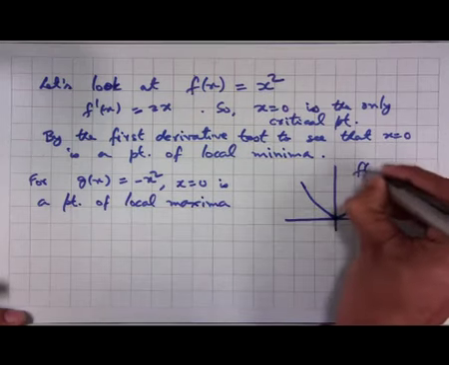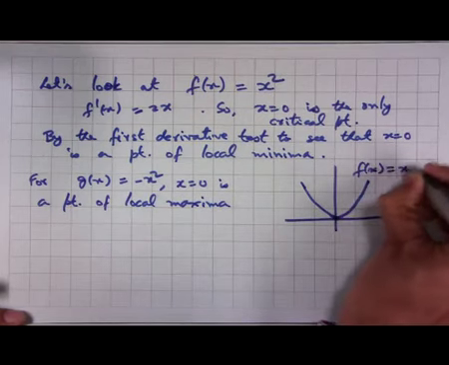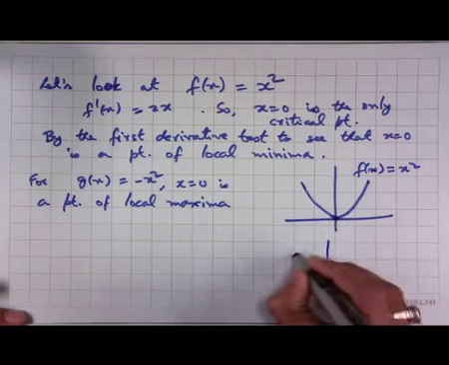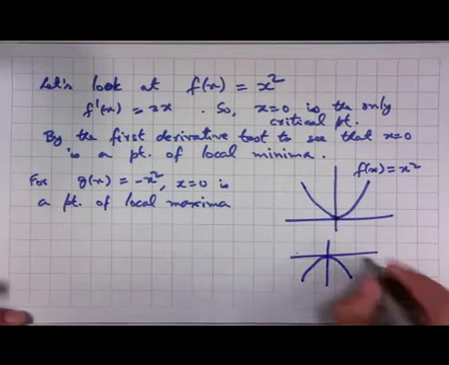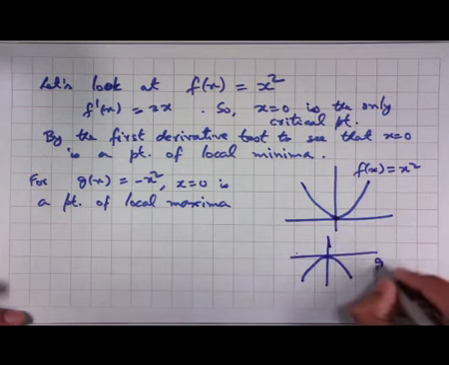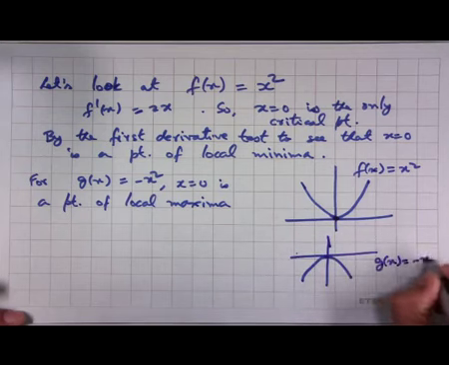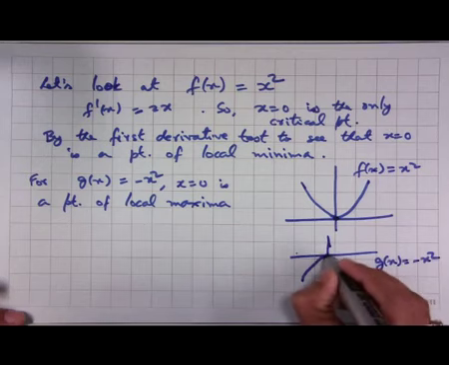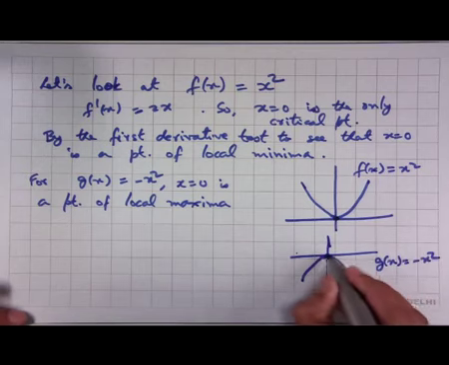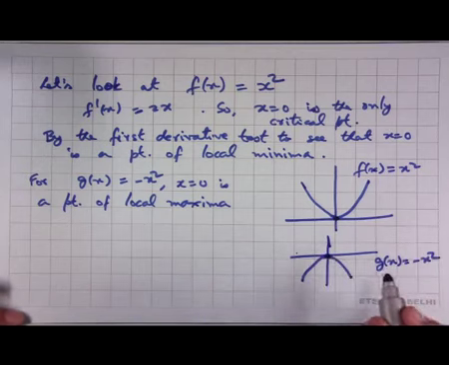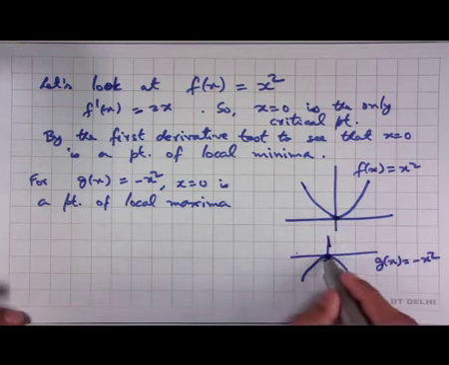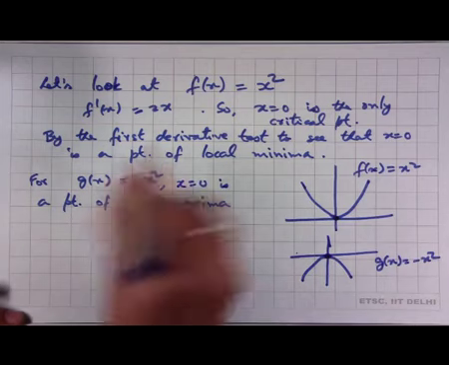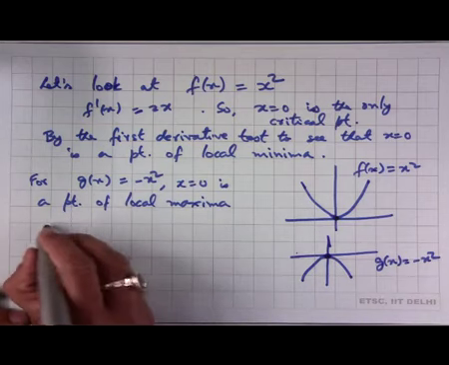This is f x equal to x square, and if I take g x equal to minus x square, this is g of x. Here x equal to 0 is again a critical point, which is local maxima. So, for both of these, f prime 0 is 0, g prime 0 is 0. Let us look at the second derivative.